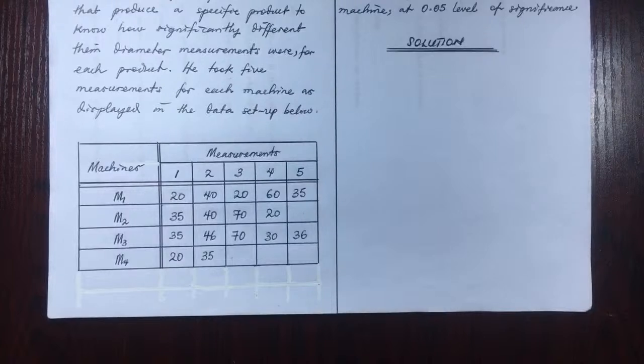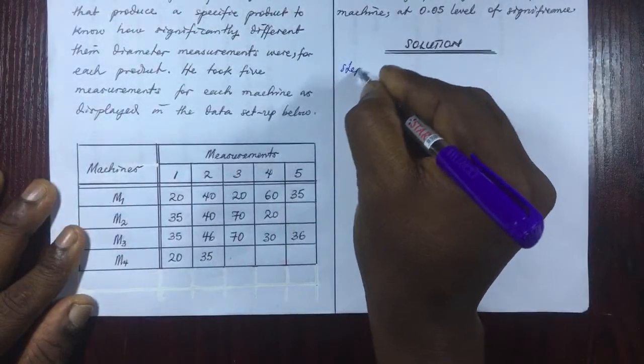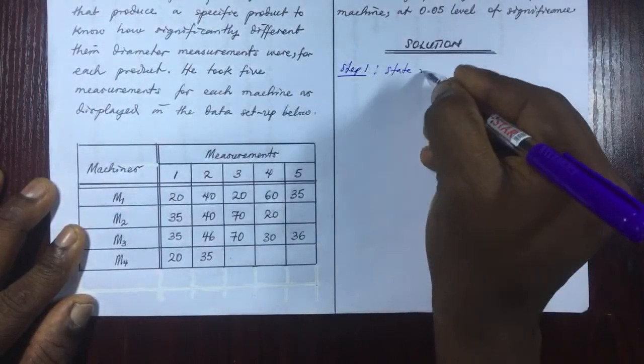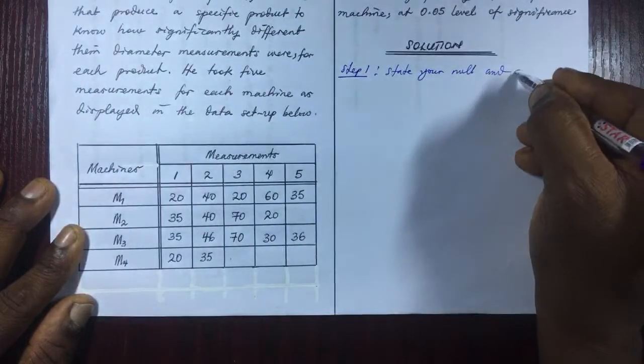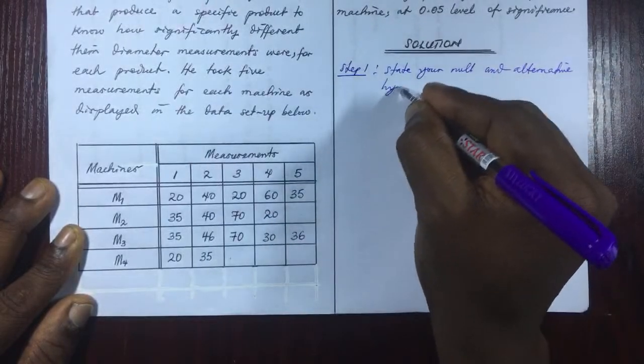So let's go over to solving this problem. The first thing I'm going to do, like we did earlier on, is in step 1, state your null and alternative hypothesis.